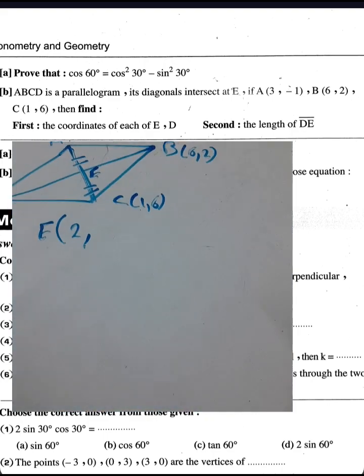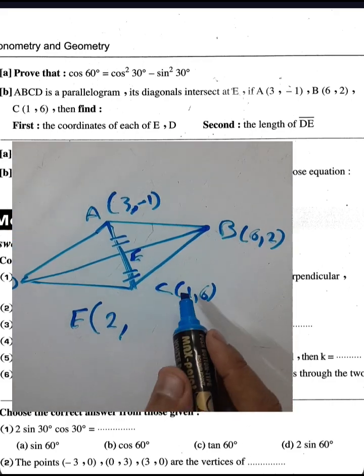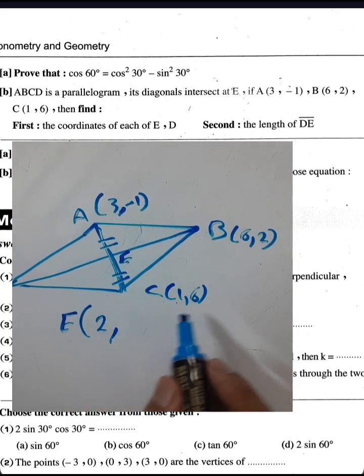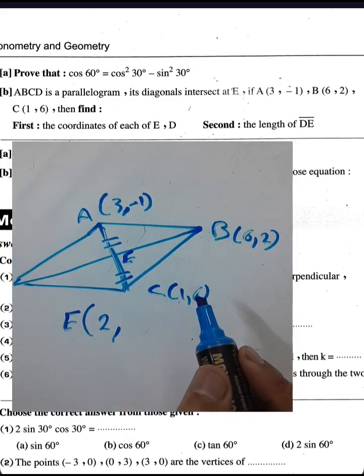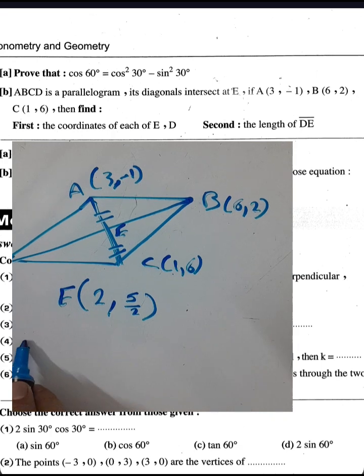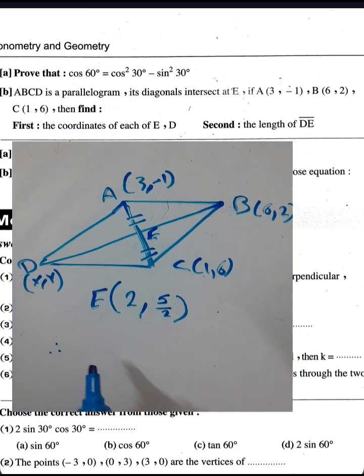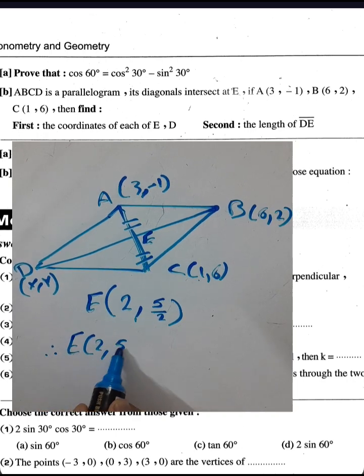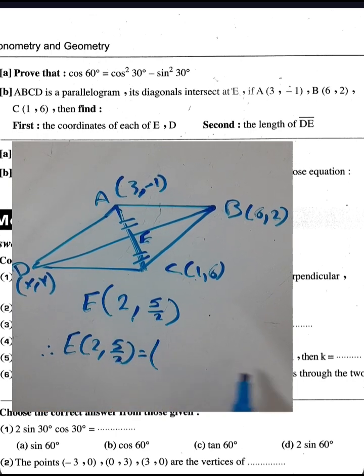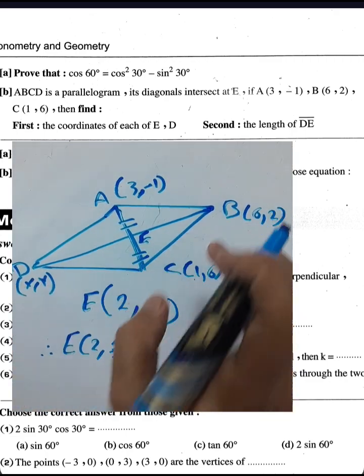Then the coordinates of E will be 1 plus 3, 4 divided by 2 equals 2, 6 plus negative 1 equals 5, 5 divided by 2. And then we put X and Y for the coordinates of D.